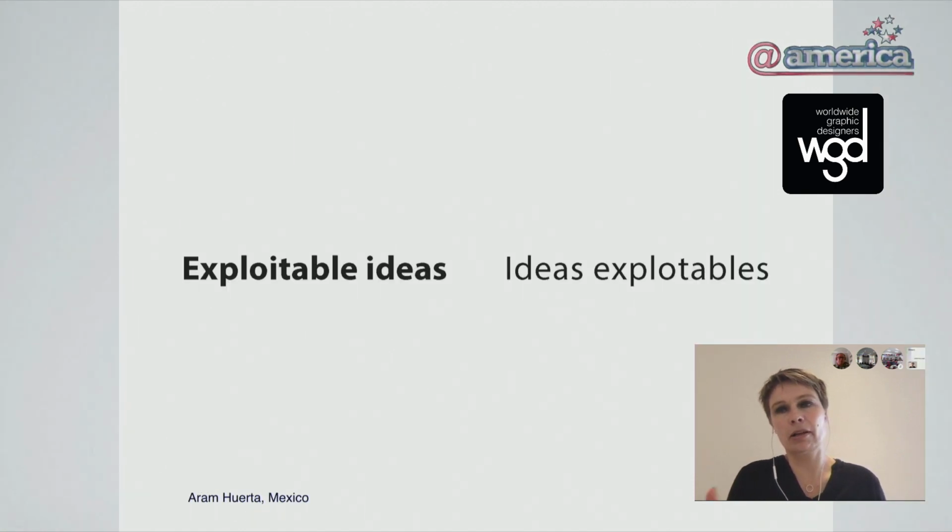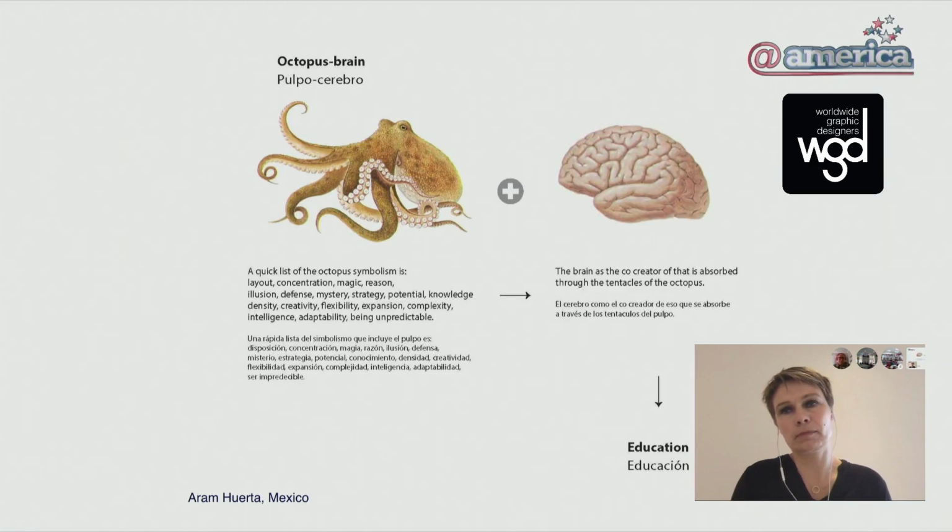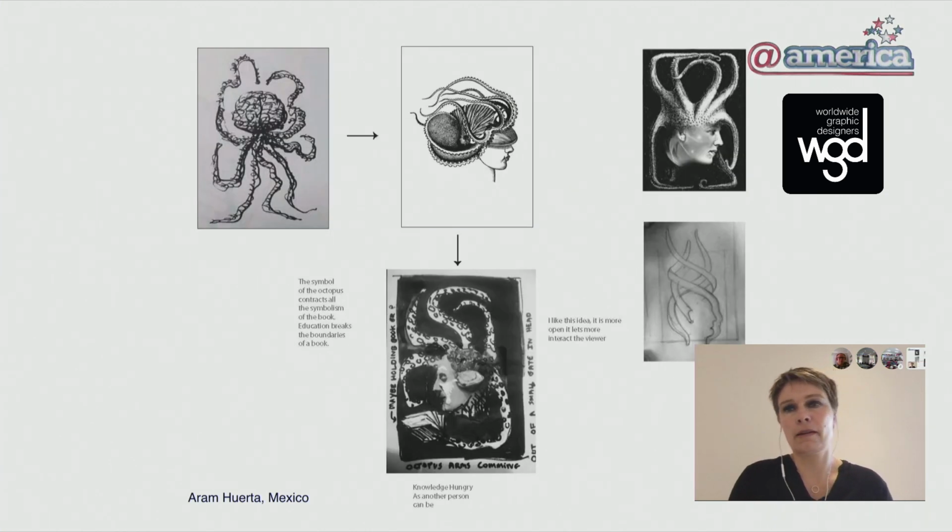So we had a lot of different ideas, and then you have to choose which one you are going to work with. Next slide. So we narrowed the process down, and we were talking about the brain, and the octopus was a nice idea to communicate education. Next slide. So this is some of the process showing some of the sketches we had.